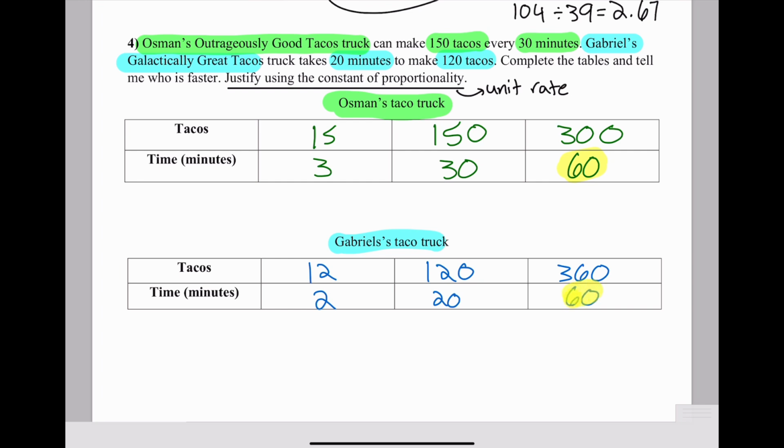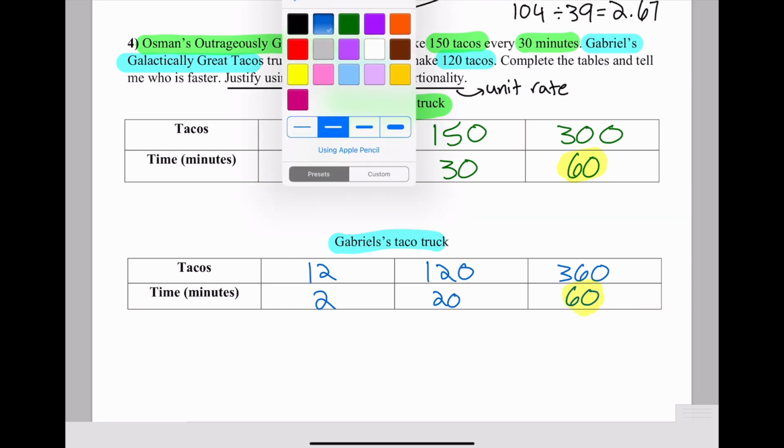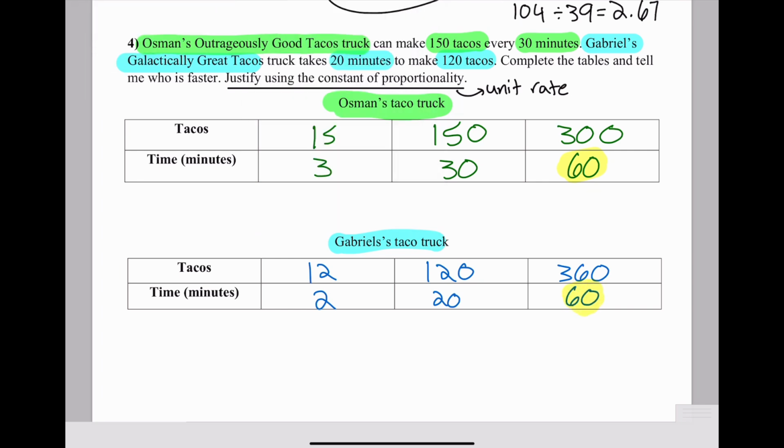Well, they interestingly did this. They said that if Osmond makes 300 tacos in 60 minutes, well, guess what? 60 minutes is the same thing as 1 hour, so that's 300 tacos per 1 hour. There's our unit rate, right? So somebody converted their 60 minutes into 1 hour, and now we have our unit rate.